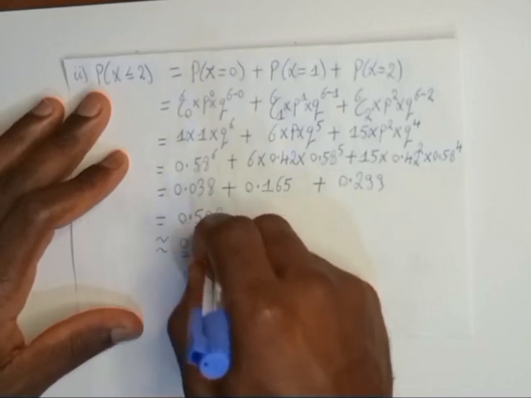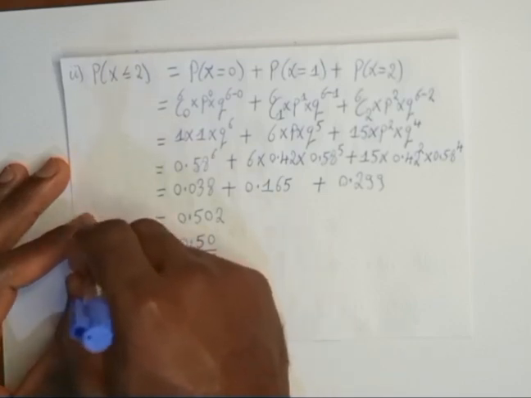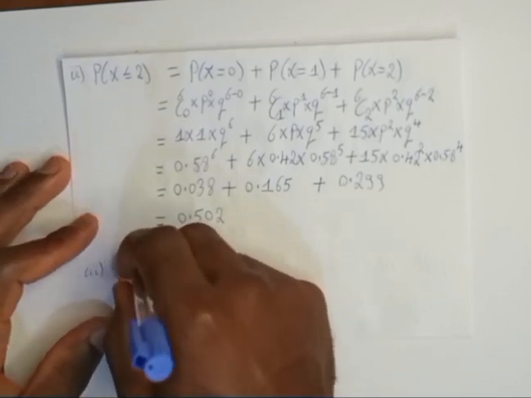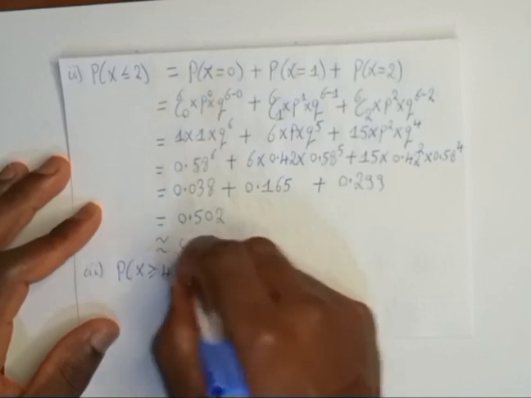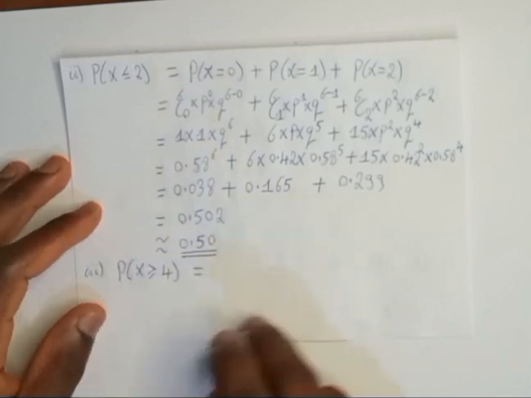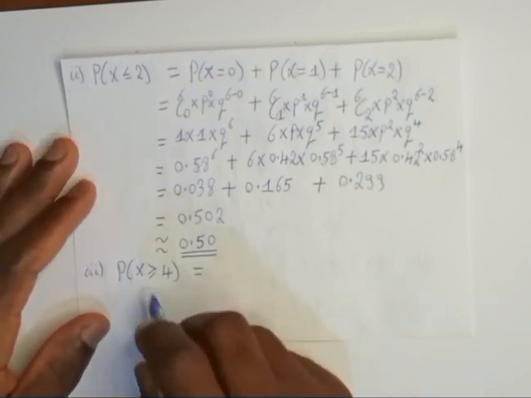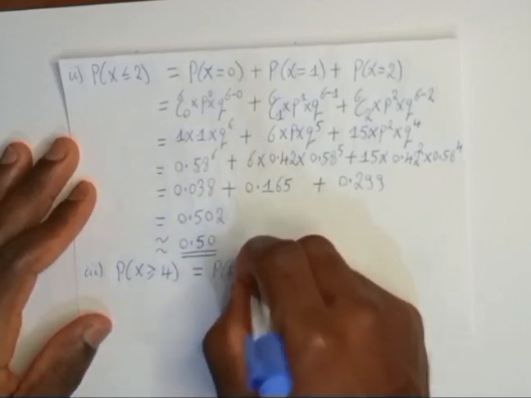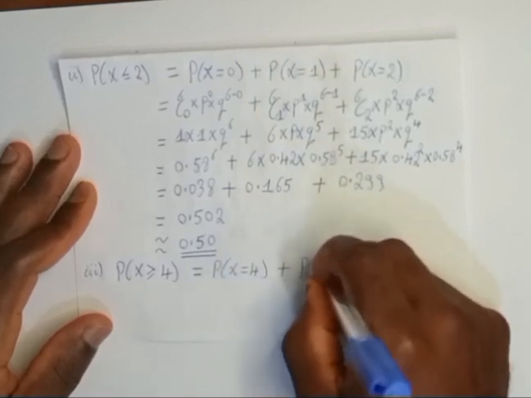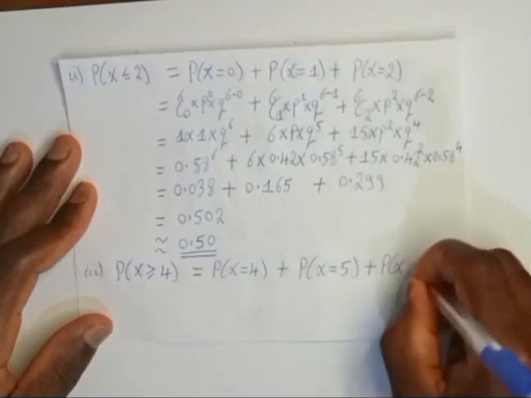Next, we move now to the next question, which is question 3. We have to find P(X greater than or equal to 4). This will simply be equal to, we have to take the integer values from 4 right up to the last trial, which is 6. This will give us P(X = 4) plus P(X = 5) plus P(X = 6).